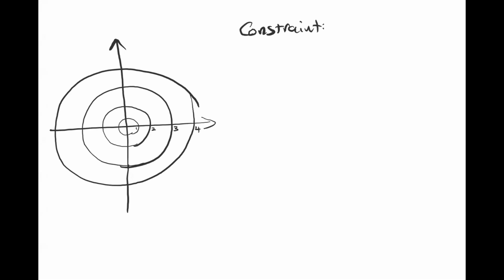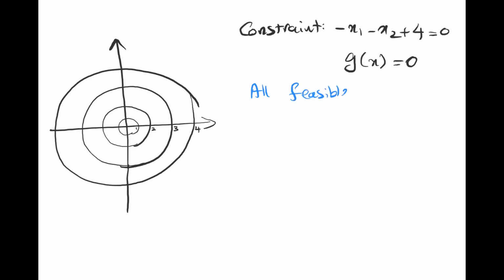What was our constraint? It was minus x1 minus x2 plus 4 is equal to 0. This is g of x is equal to 0 that we had in the generic problem. So all feasible points should satisfy g of x is equal to 0.